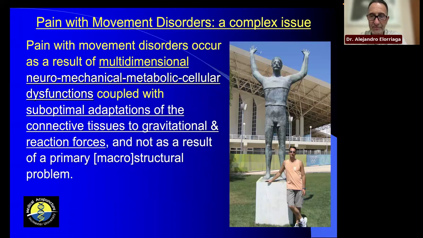So in a nutshell, the nature of the problems that we're dealing with could be, in a very long sentence, defined as the result of multidimensional neuromechanical, metabolic, cellular dysfunctions coupled with suboptimal adaptations of the connective tissues to gravitational and reaction forces, and not as a result of a primary macrostructural problem.